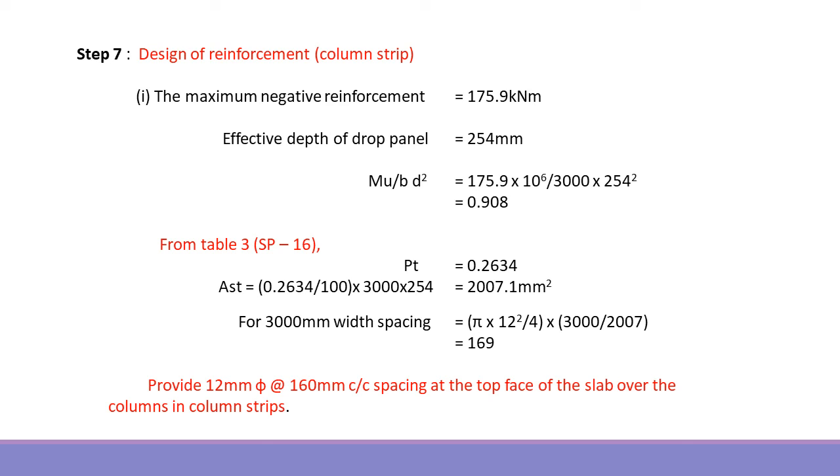For 300 mm width, the spacing is 169 mm. Then provide 12 mm dia bar at 160 mm spacing. We take 170 mm or 160, anything, at the top face of the slab over the columns in the column strip. So actually our column strip reinforcement is provided over the column.